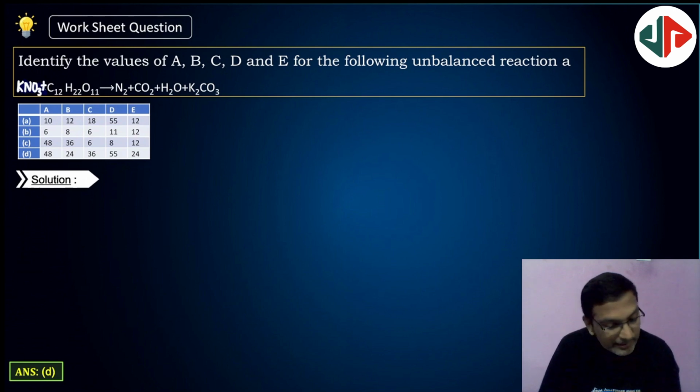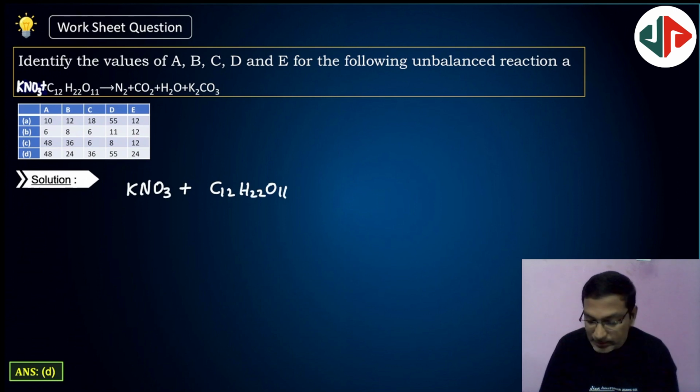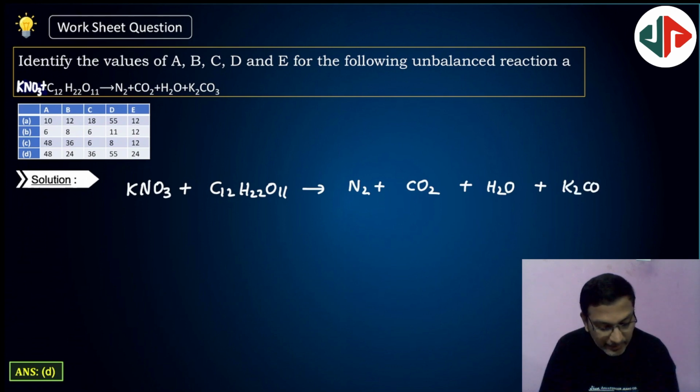So here the unbalanced equation is KNO3 plus C12H22O11, which is sucrose, gives N2 plus CO2 plus H2O plus K2CO3. This is the unbalanced or skeletal equation.